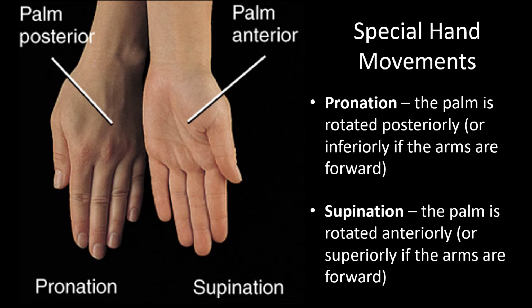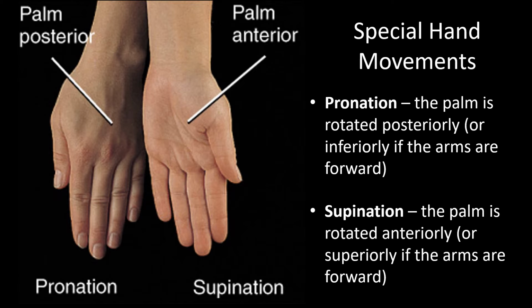The pronated state is the opposite. So imagine yourself in the anatomical position, but this time you've rotated your hands so that the palms face posteriorly. That would be the pronated state. If you were to bend your elbow in that state, your palms would be facing down towards the ground.